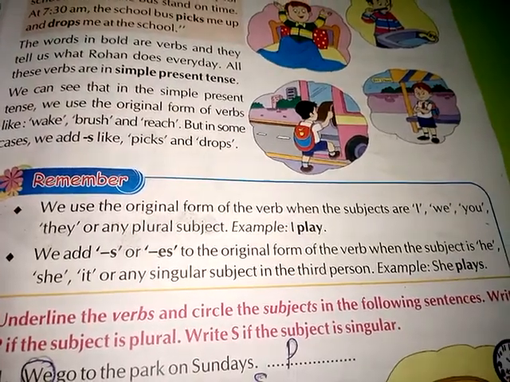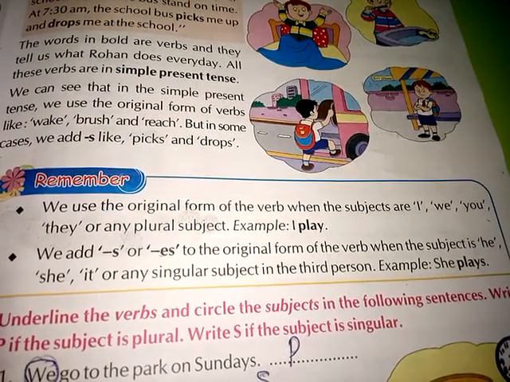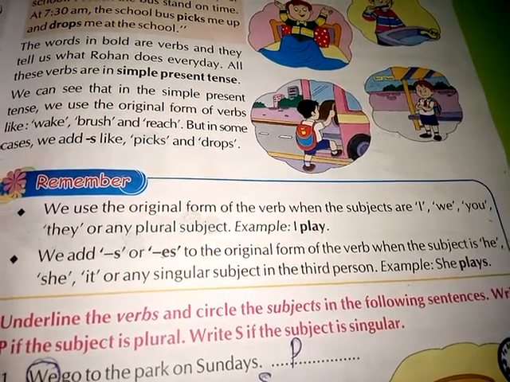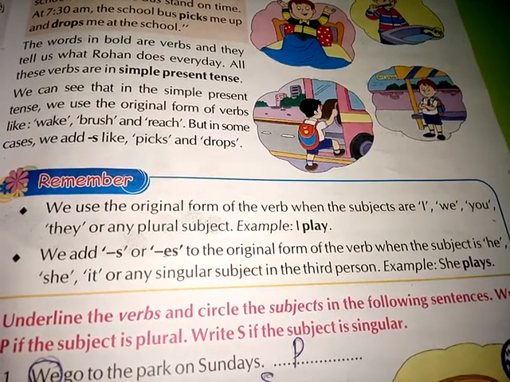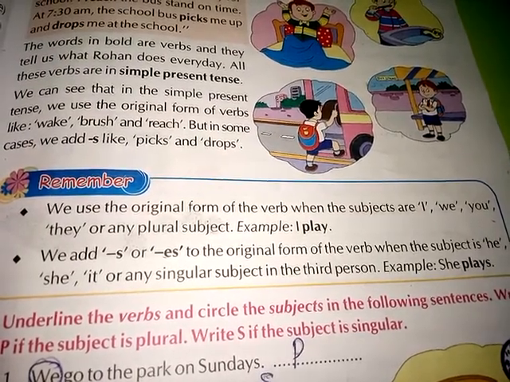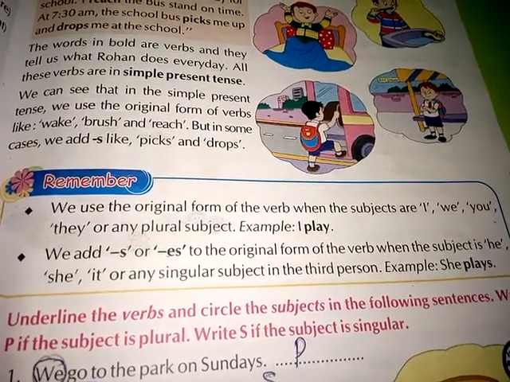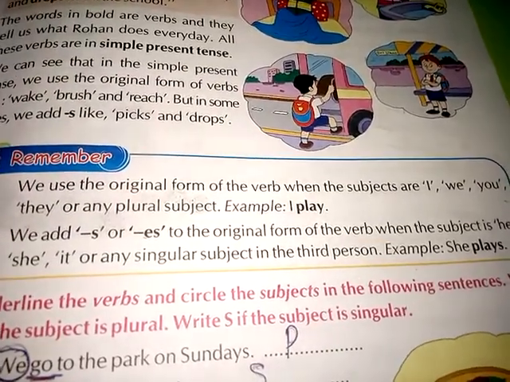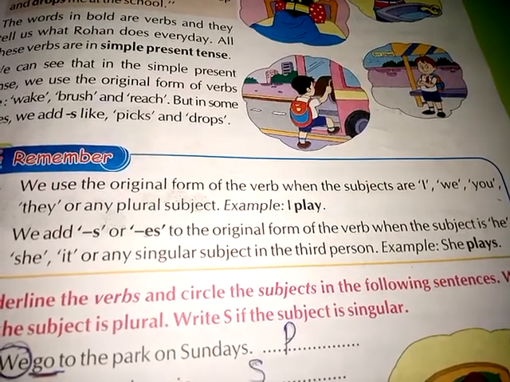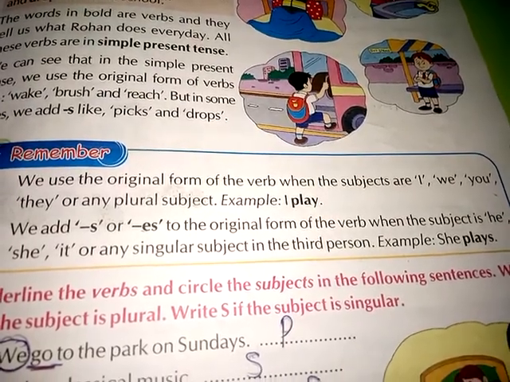And with he, she, it, or any singular subject in the third person, we have to add s or es to the original form of the verb.